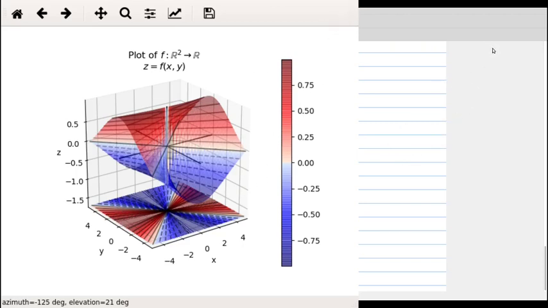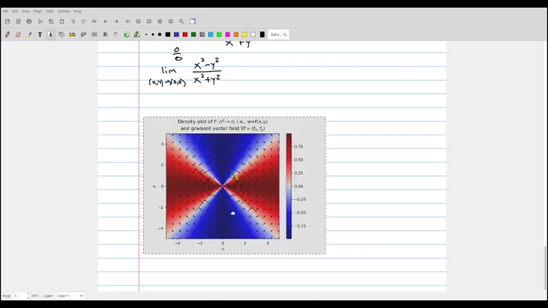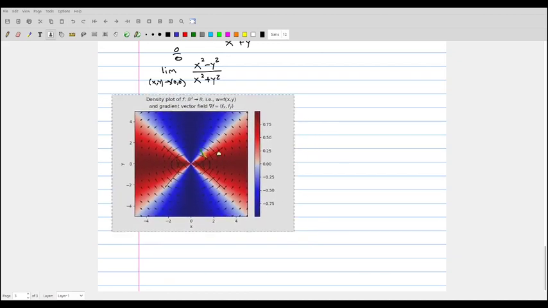So I'll open up both the density plot and the contour plot in the window, and we'll talk about that. I'll open up the density plot here of this function, along with a contour plot of this function.